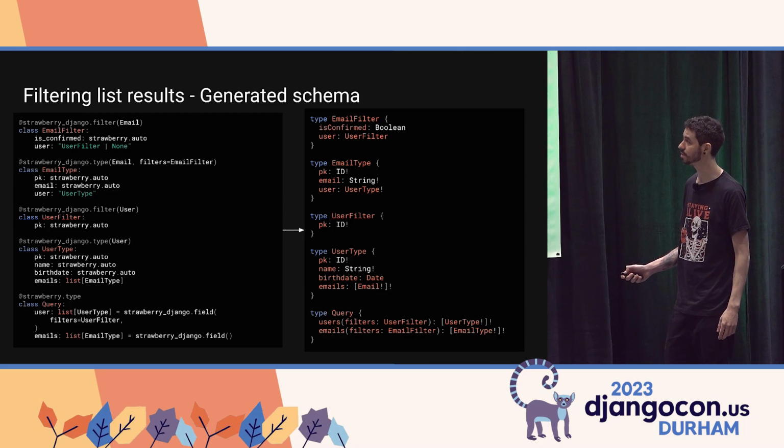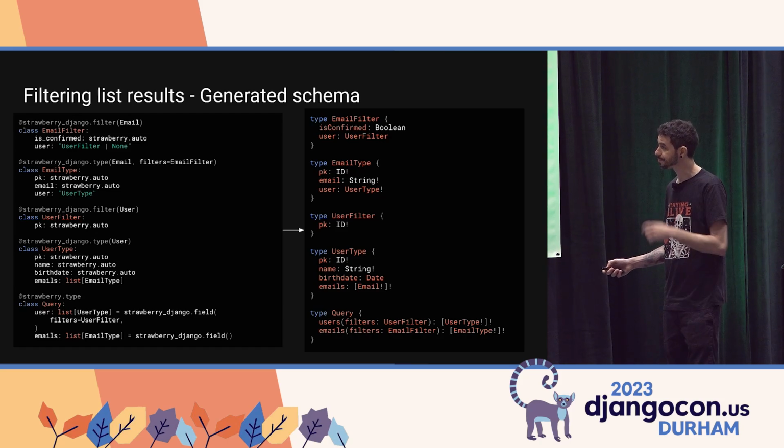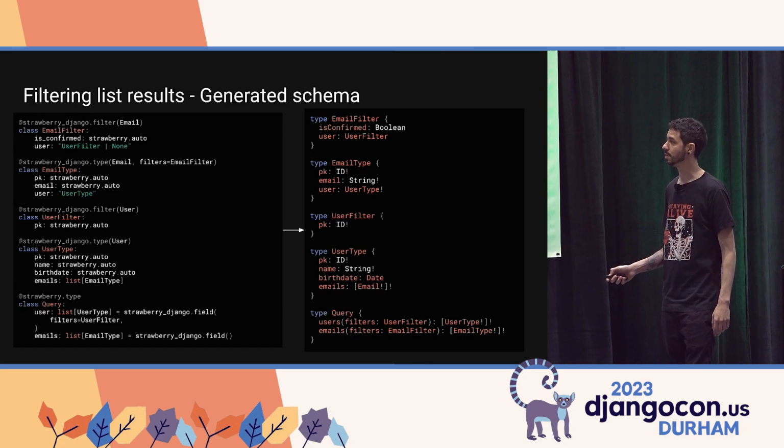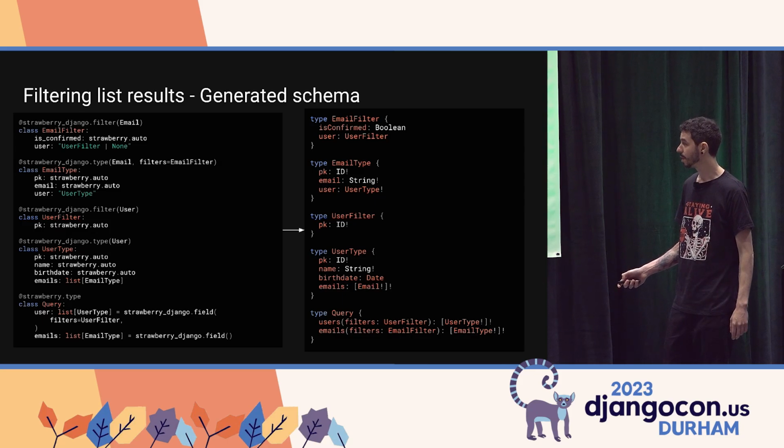It should be an input. I'm sorry about that. The same goes for the user filter here. But I have the email filter, the email type, the user filter, the user type, and when querying the users, you'll see that I can receive an optional argument here called user filter, and the email filter as well.